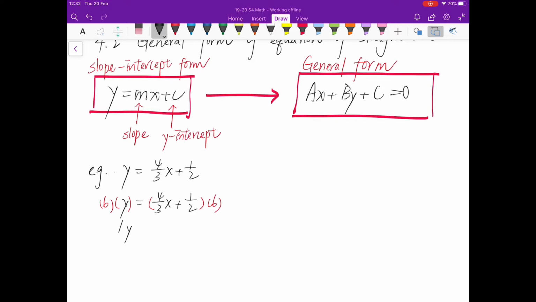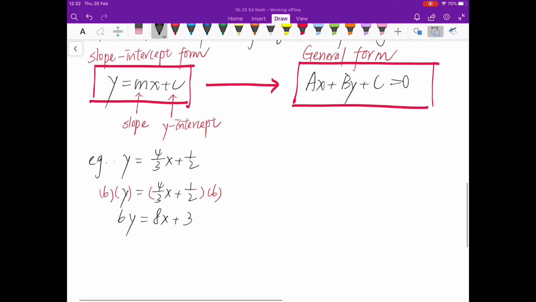Therefore, we get 6y equals 8x plus 3. And finally, we put the 6y to the right hand side so that it becomes 8x minus 6y plus 3. And therefore, it is the general form of the equation of a straight line.